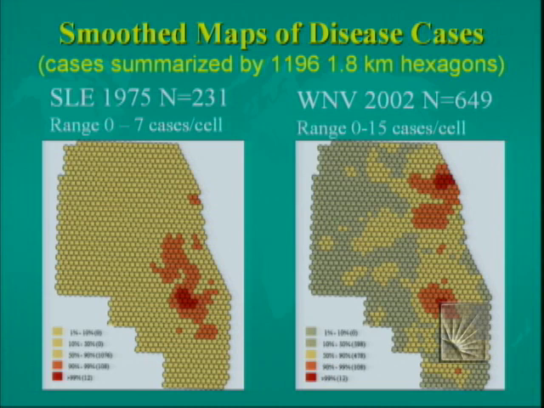Something allowed for transmission of a very similar virus with the same vector in 75, and that remained valid in 2002, but something else was different. And whether that is because conditions changed or because there's a difference in transmission of the virus, West Nile virus versus SLE, we don't know yet, but that's the question that we are exploring, and I think we are getting closer to an answer.